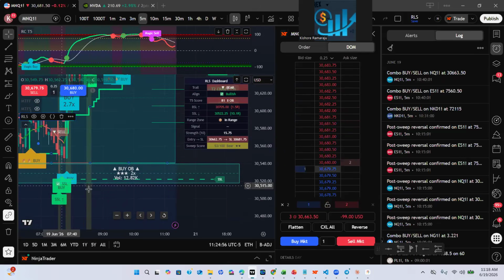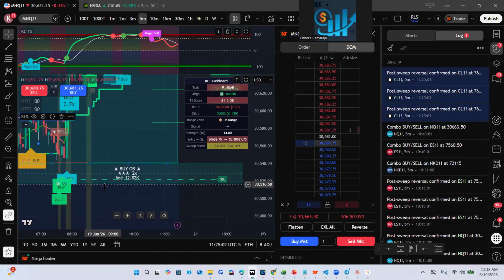Especially if you get this SSL buy, where you have a major buy block, then that's a very good opportunity because you have 100% confirmation that market makers brought it down and market makers are buying a lot of contracts here.